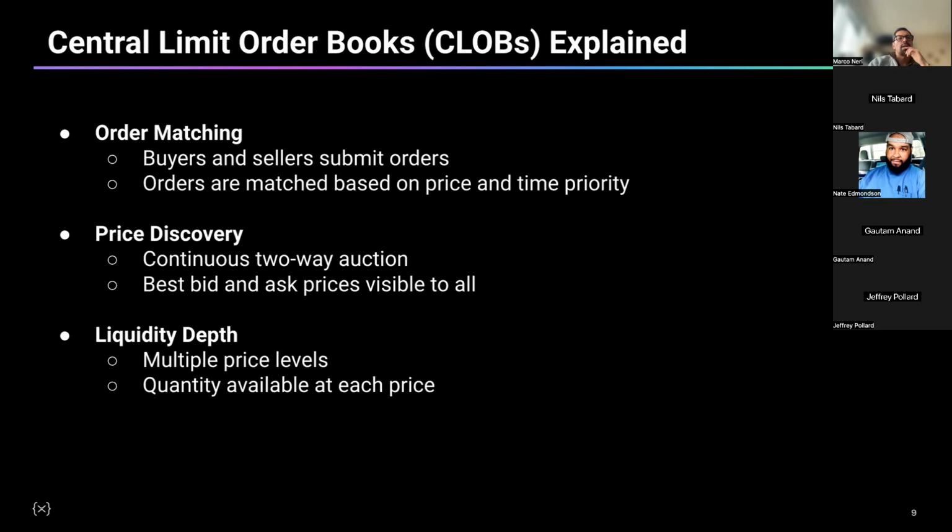And in a way, they create a two-way auction, because you can put whatever price you want, and only if there are other takers willing to pay that price will it be executed, and those prices will be visible. This is what forms the order book, and depending on how many of those orders there are, we can say there's liquidity, and the liquidity depth has to do with how much of that liquidity exists.